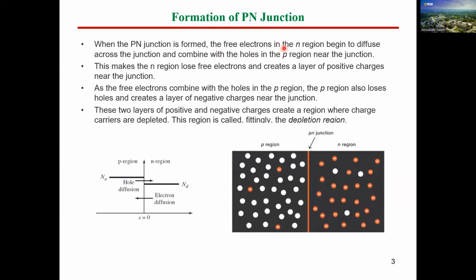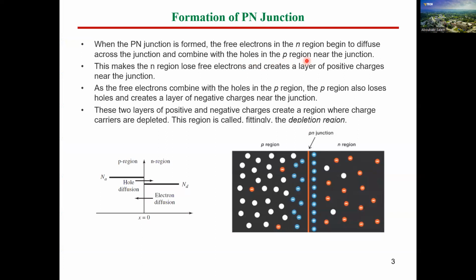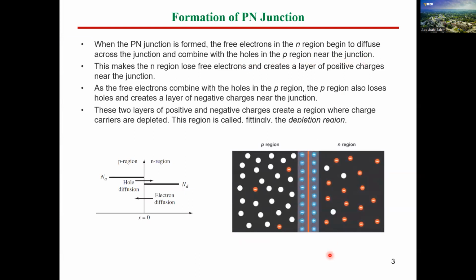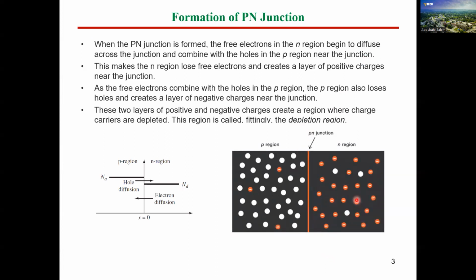The free electrons in the n region begin to diffuse across the junction and combine with the holes in the p region near the junction. So from the beginning, as you can see, this is the shape: the p region has holes, the n region has electrons.